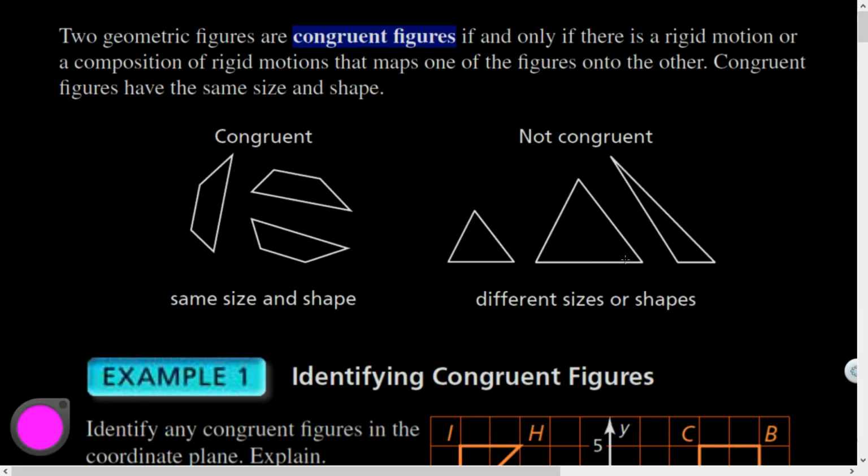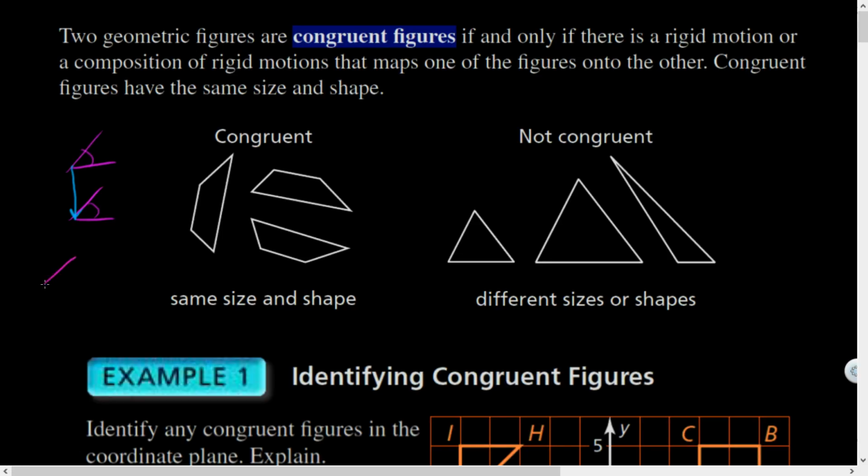Actually, I was in a conversation with a math department teacher the other day about Common Core's use of the definition of congruent and how it links that definition specifically to the idea of transformations. Even if I was to talk about congruent angles, there should be a transformation that maps one angle exactly onto the other. And that's actually a way to define congruent.